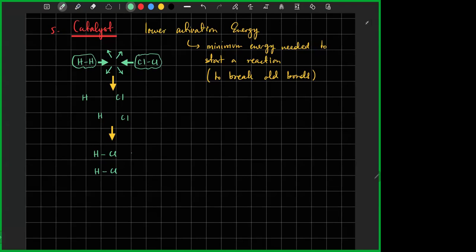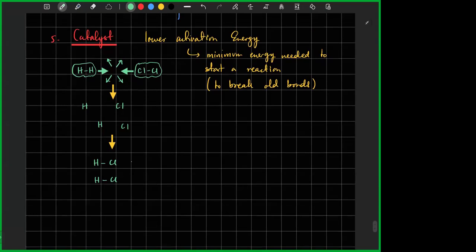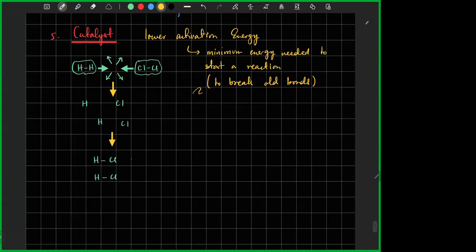So that is why some energy is needed right at the start of the reaction. Another property of catalysts is that they remain unchanged after a reaction.